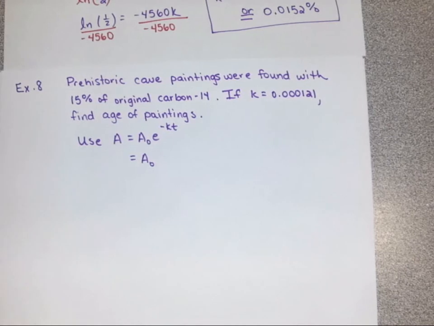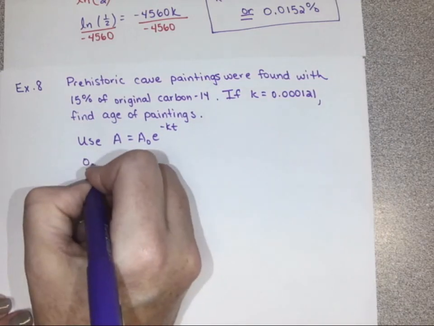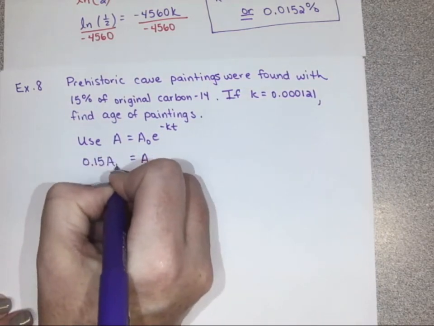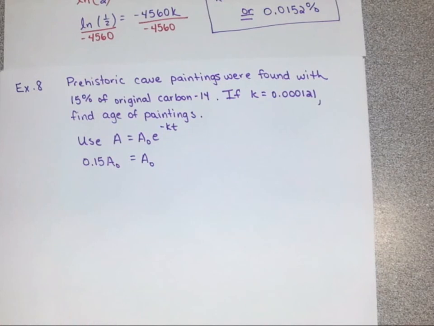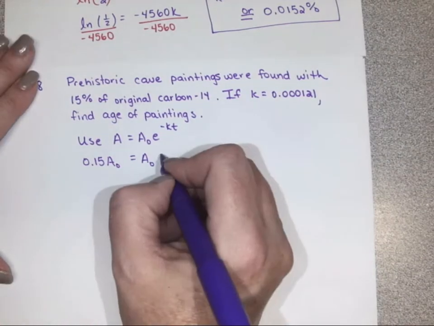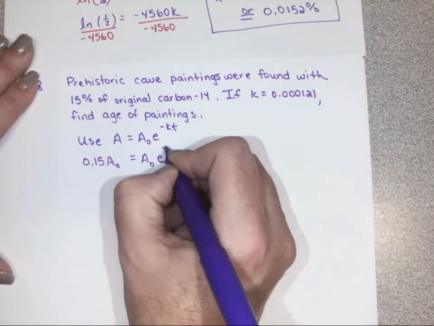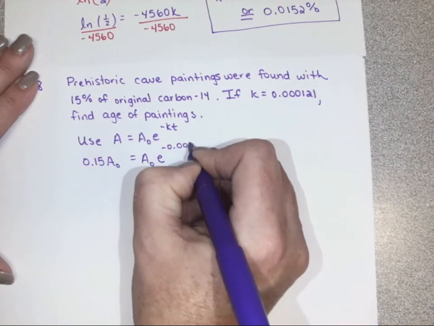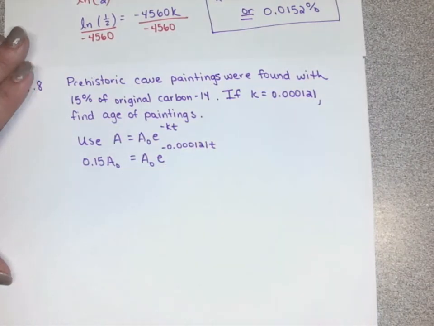15%, right? So remember when we did half-life, we did a half times what we started with? So if we want 15% of what we started with, we're just going to use the decimal and say literally 0.15 a sub 0. And then it's going to be e to the negative 0.000121 t power.